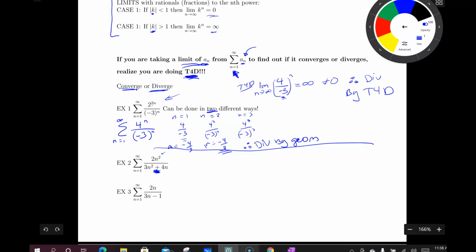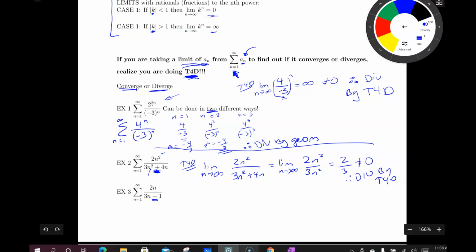I do notice that the degrees are the same on the top and bottom. Let's try T for D. If I take the limit as n goes to infinity, I take highest powers, 2n squared over 3n squared. The n squareds cancel, so I get 2/3. Doesn't equal 0, so it diverges by T for D.